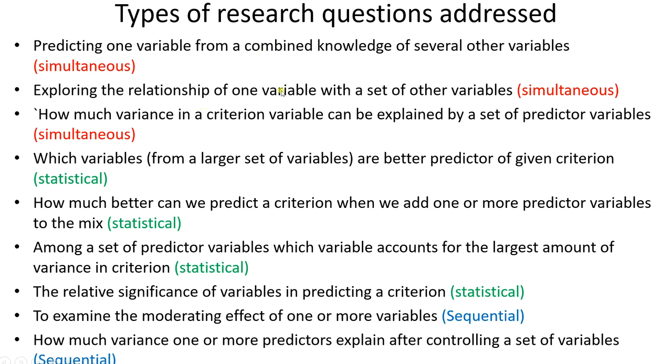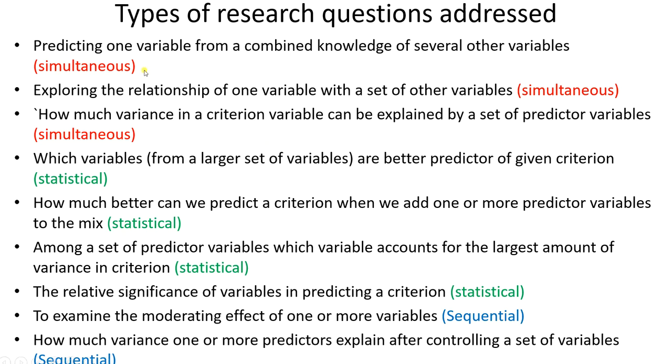If we are interested in exploring the relationship of one variable with the other variables, here the two questions are the same. Here we are interested in predicting health, and here we are interested in knowing the amount of relationship of different predictors with the health. Then again, simultaneous regression will be carried out. And sometimes we put this type of question in our research: how much variance in the criterion variable can be explained by a set of predictor variables, R square?